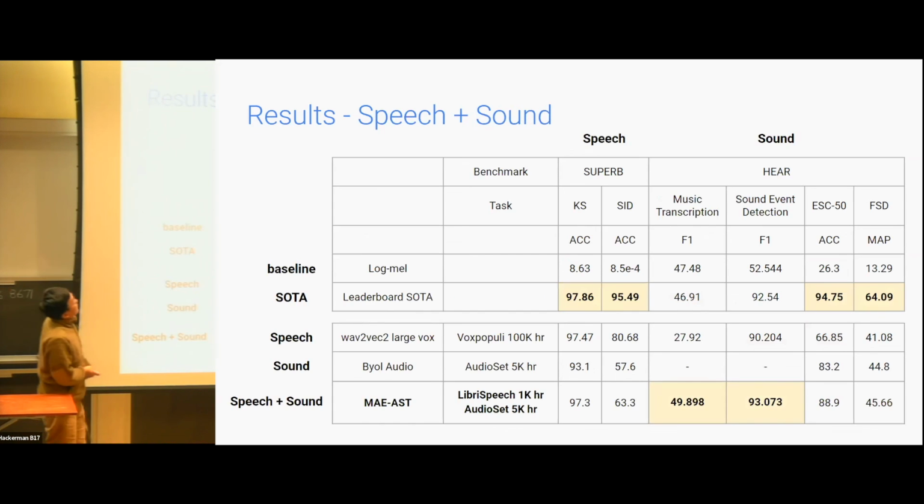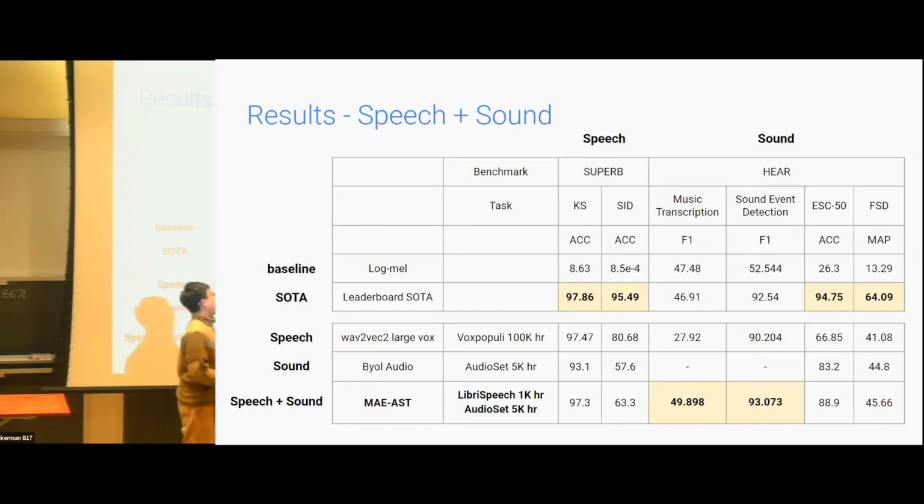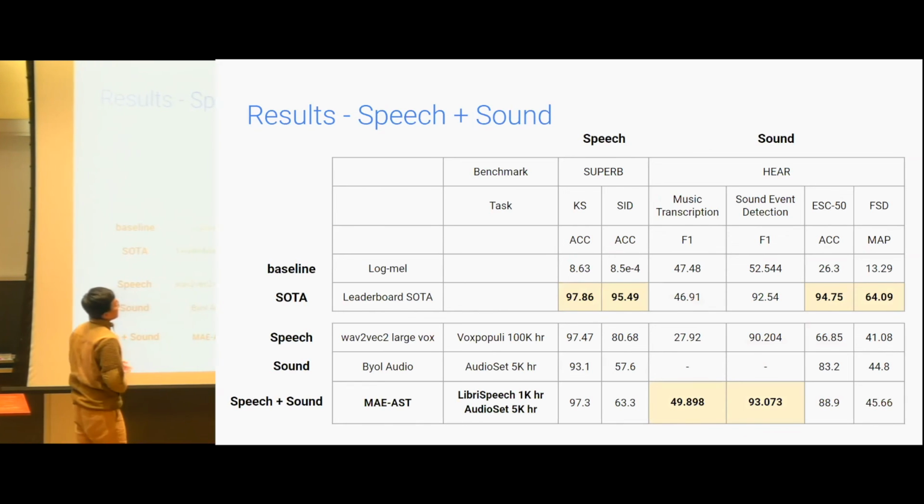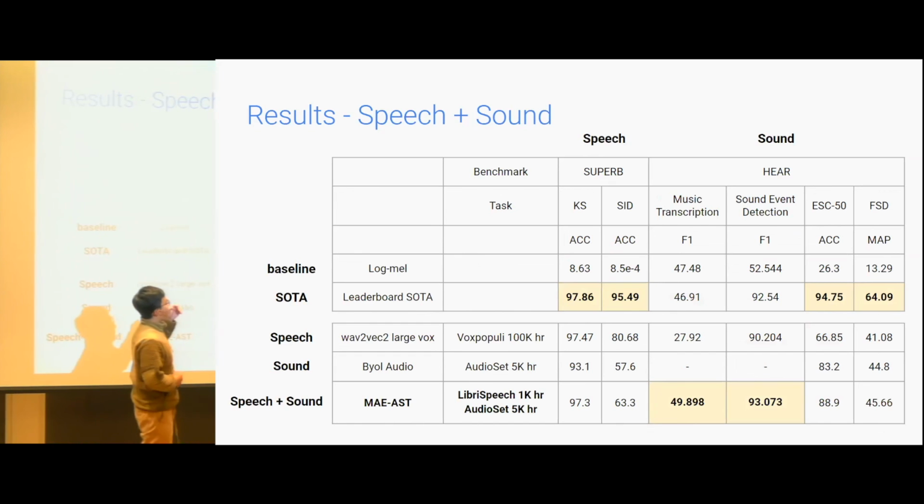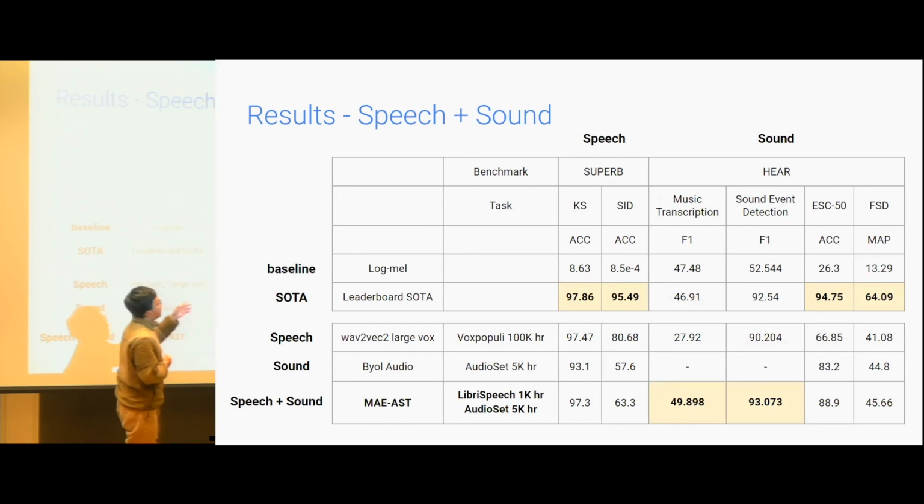And also there are some researchers now starting to think about how to combine both research directions into a single model, like the SSAST and the MAEAST. They pre-trained their model on both LibriSpeech and AudioSet. So after we benchmarked the MAEAST on the HEAR benchmark, we found that they can get a new SOTA on the benchmark for music transcription and sound event detection.